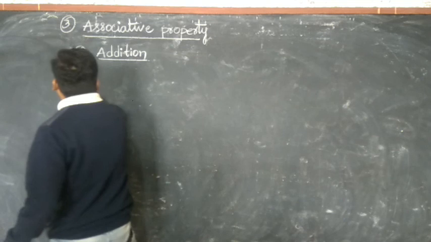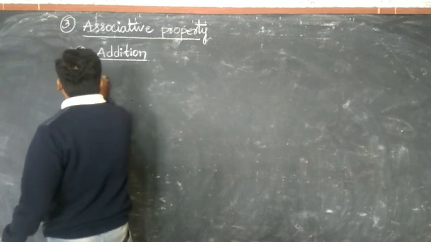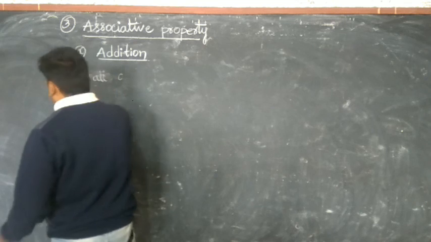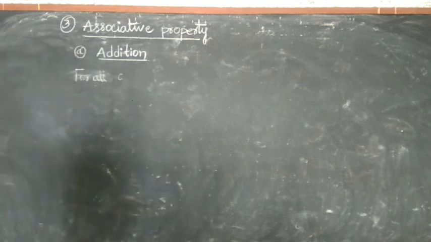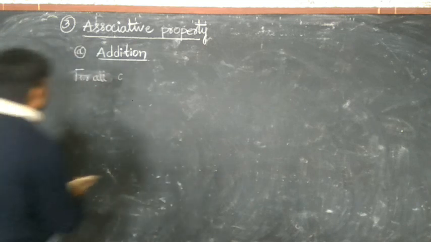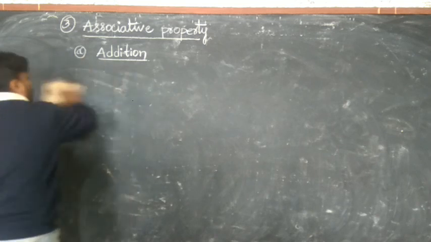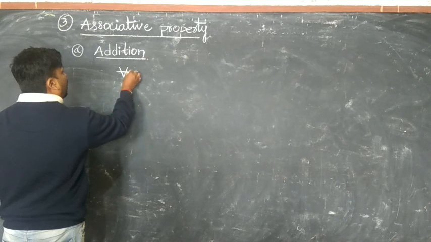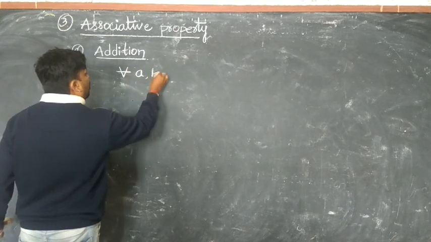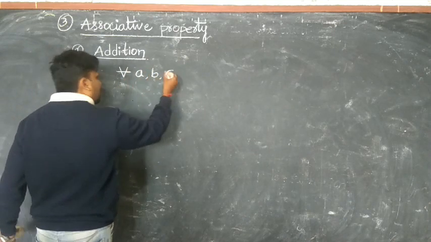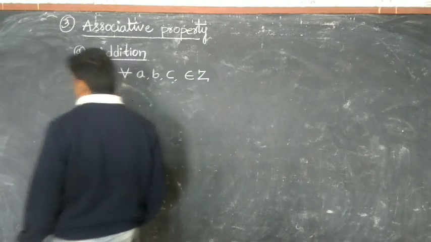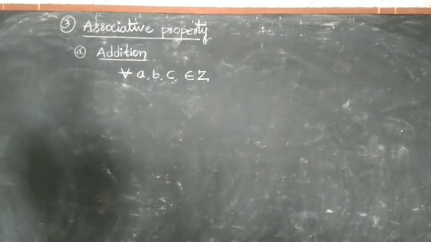For all A, otherwise we can write it symbolically. It comes in higher classes, but I am writing it here only. Symbolically we can write it directly: for all A, B, C belongs to Z.